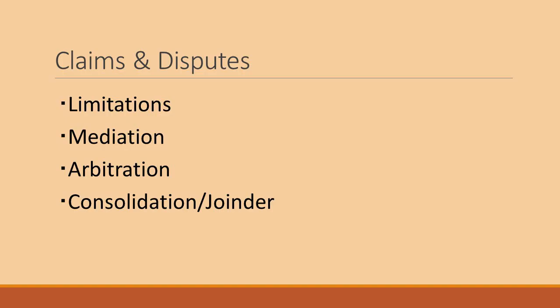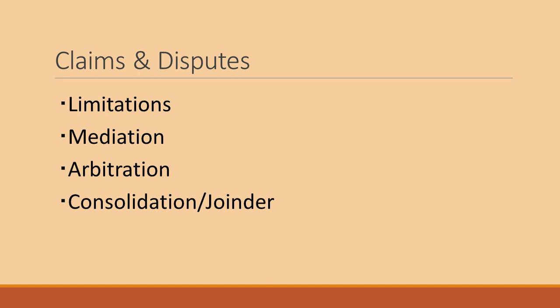Let's fire back up again. Now we're going to talk about claims and disputes. One of the things that obviously happens on every construction project is that claims are going to be made. I've never had a construction project where there weren't claims. And claims don't necessarily mean a bad thing. It just means that the drawings weren't sufficient or there wasn't enough information. That doesn't mean that there was an error necessarily, but there's a claim by the contractor that says I should get paid more money.